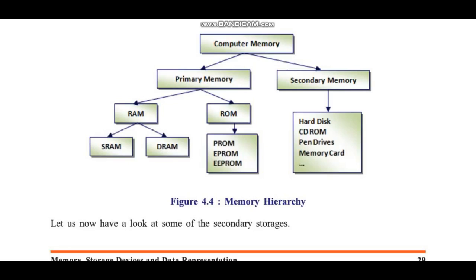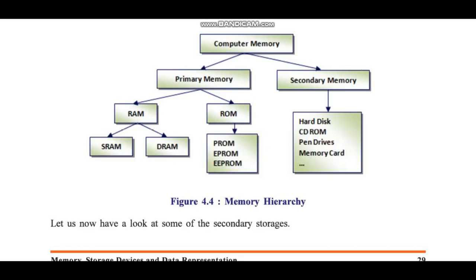Students, in short, I will tell you what we have done today. We have seen what storage devices are and their types, as well as the explanation of RAM and ROM, the types of RAM and ROM, and the description of secondary memory.